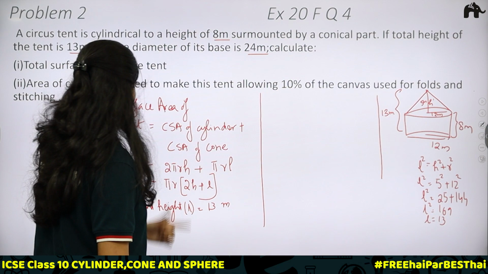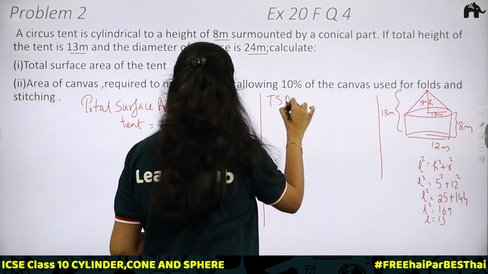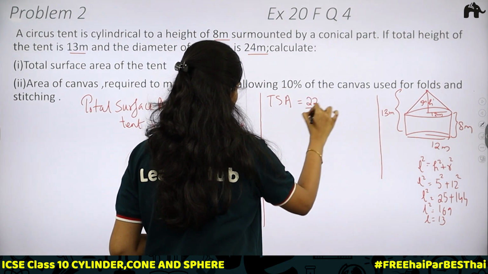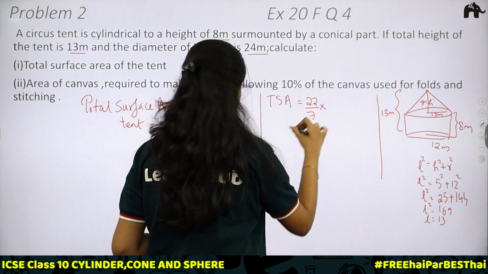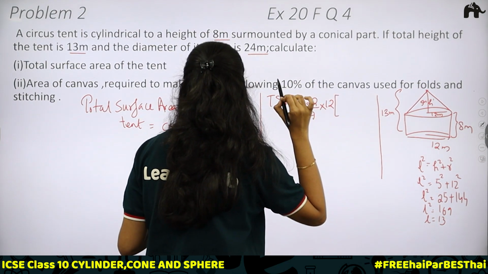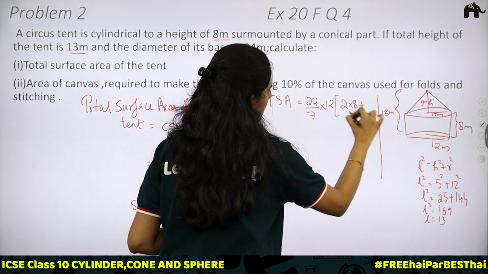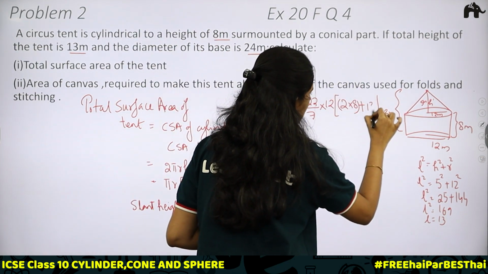13 meters. Now putting the values to find the total surface area of the tent. TSA is equal to 22 divided by 7 into radius, radius is 12, into 2h plus L. 2 into 8 plus L, where L is 13.